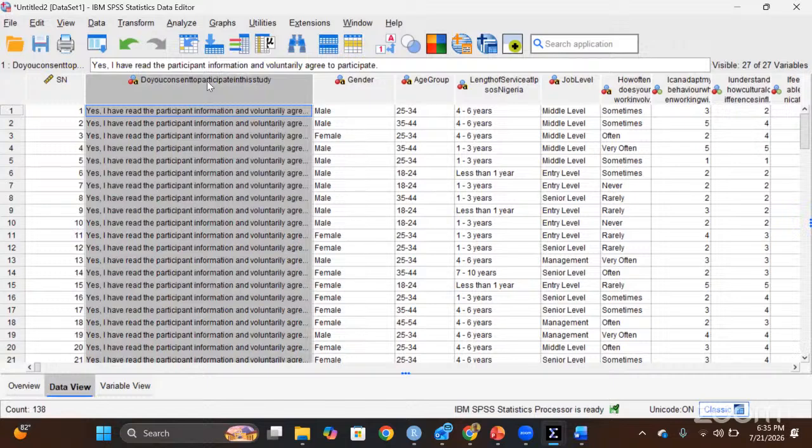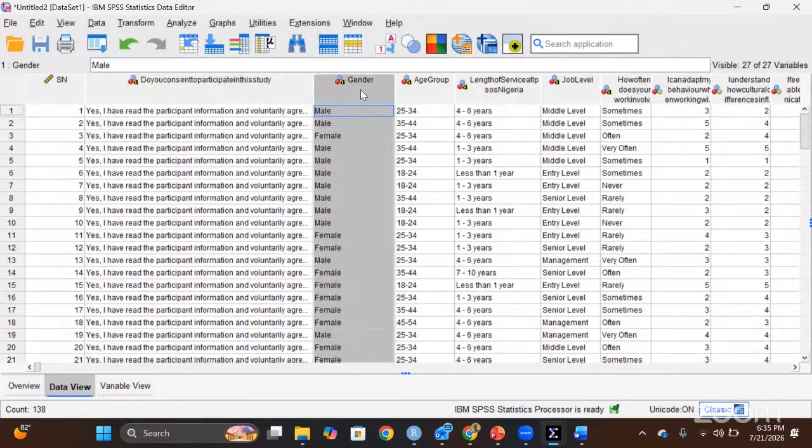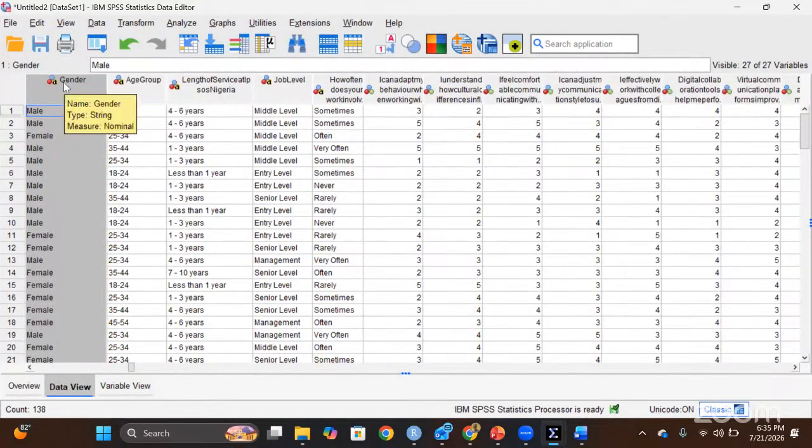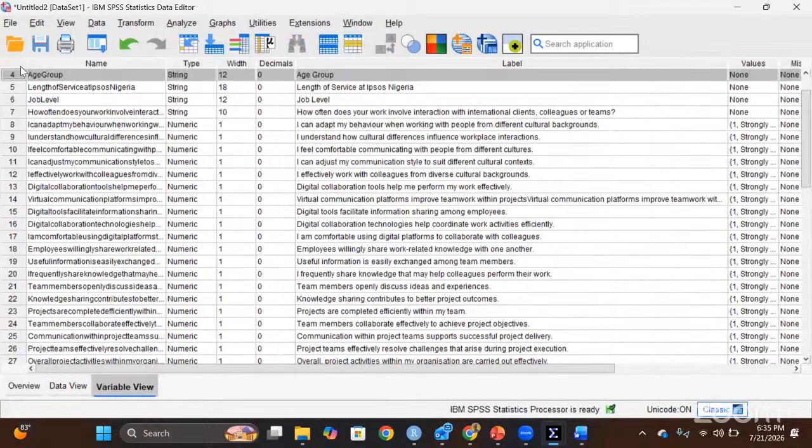Responses. So in this column that I've used, what is gender standing for? What is gender? Categorical variable. So what is age group?